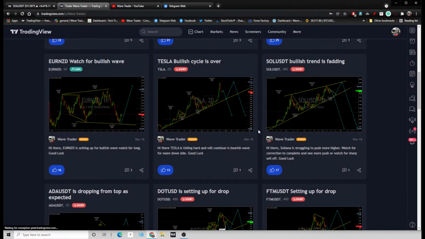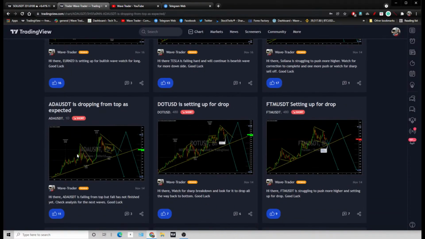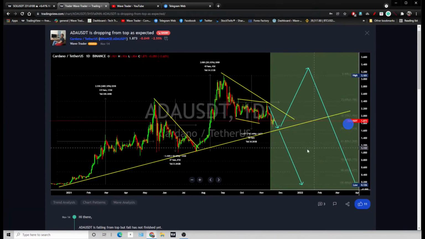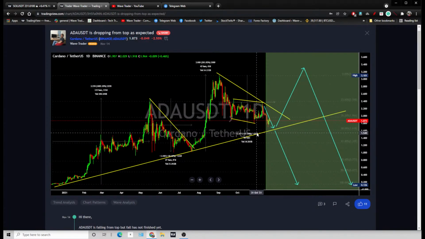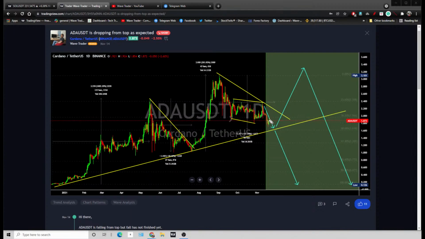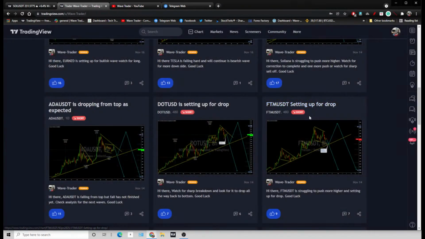All right, so ADA, do not buy that simply. It's just done. So it's going to struggle. We may see a short term one more up move back to that top within that wedge, but again continue to the downside.